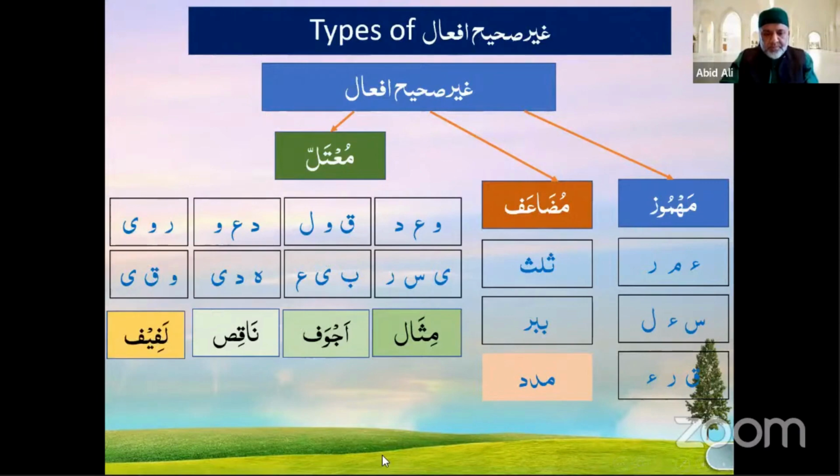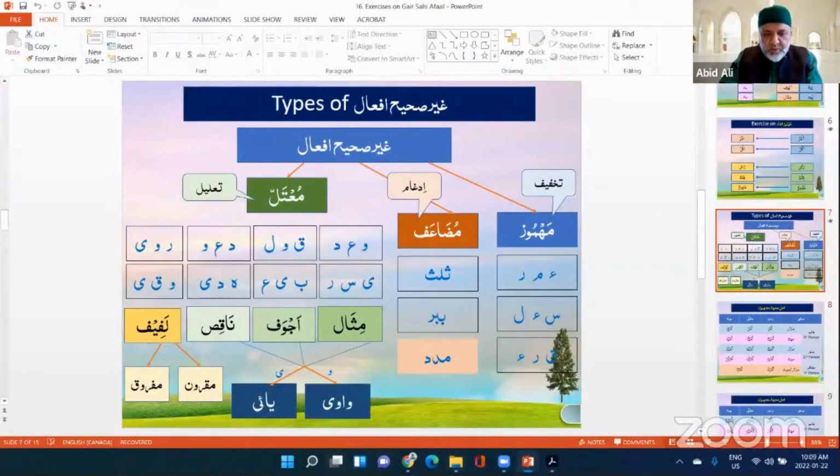Yes. The ones which are close to each other are called maqrun, and the ones separated by a letter are known as mafruq. Okay, good.